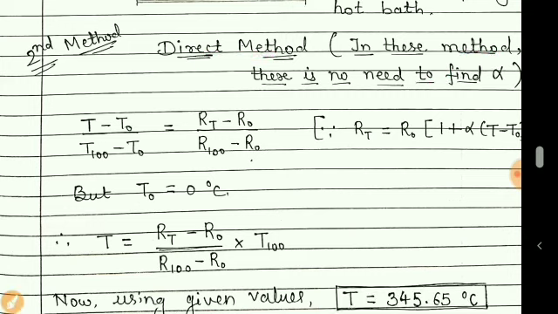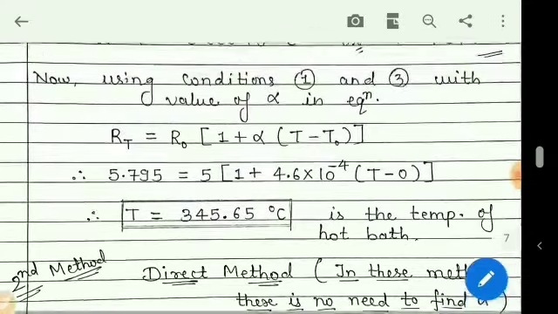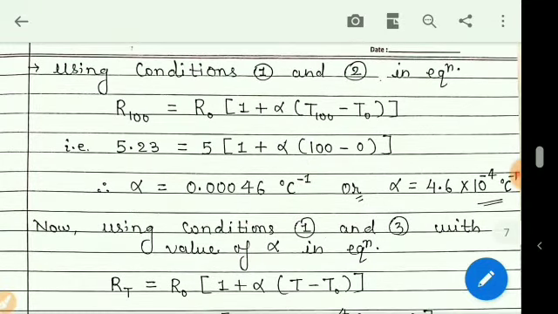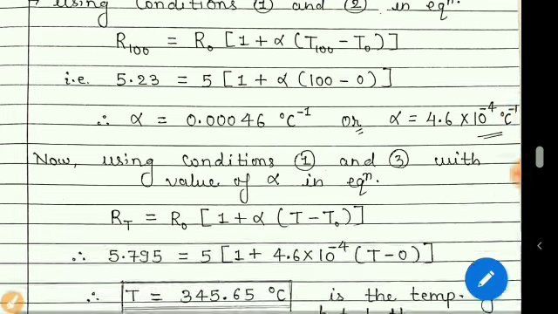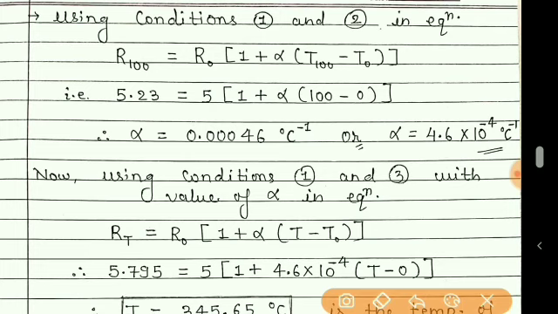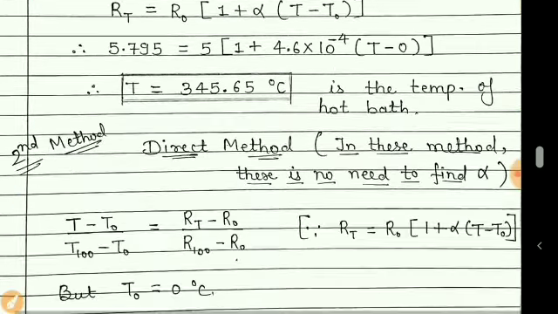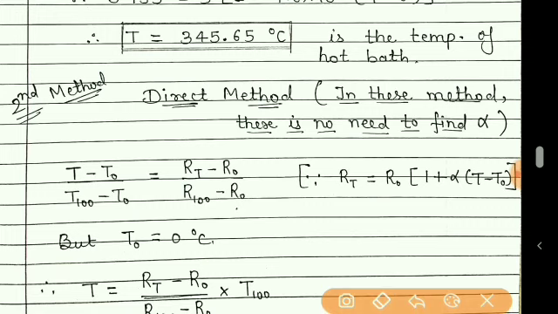Actually this direct formula is obtained by taking the ratio of these equations. Which equations? This equation from the first and second condition, and this equation from the first and third condition. So if we take the ratio of these two equations, then we get this shortcut formula.